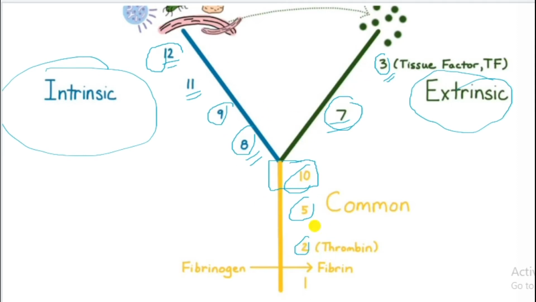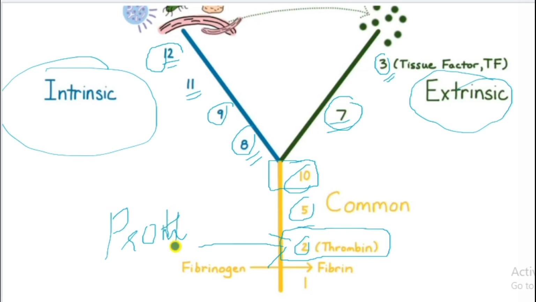So coagulation factor number 2 is thrombin. The inactivated coagulation factor number 2 is prothrombin. Prothrombin will form thrombin.